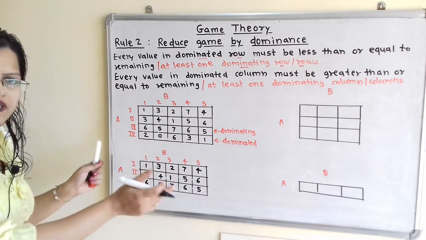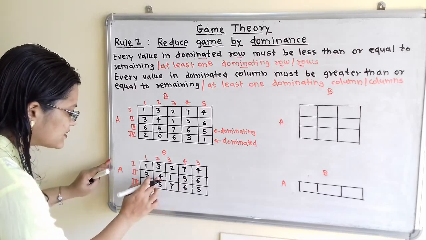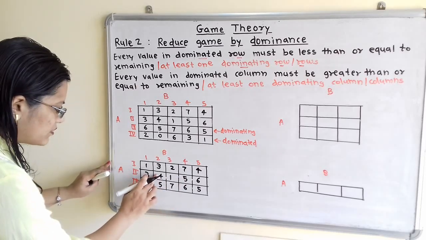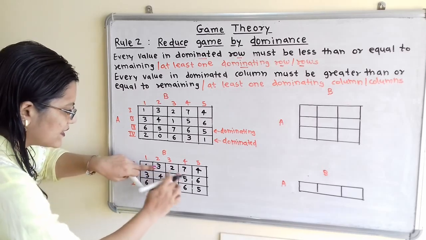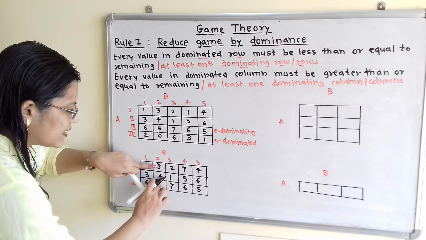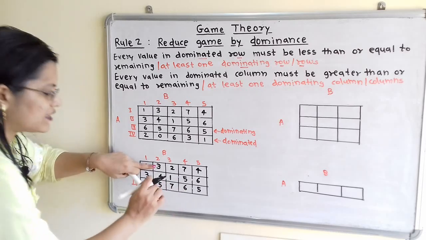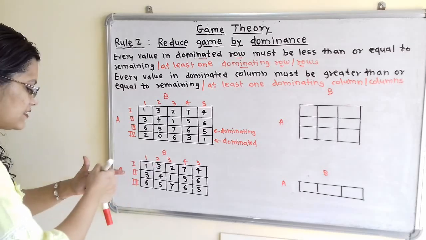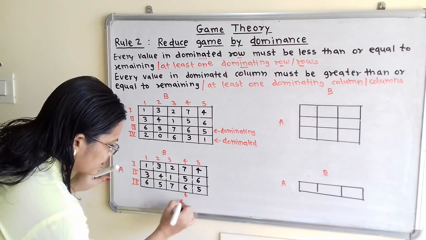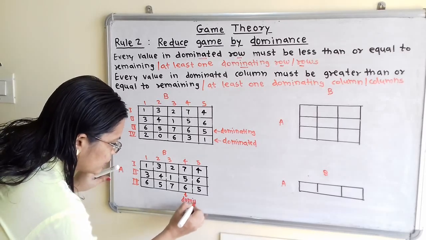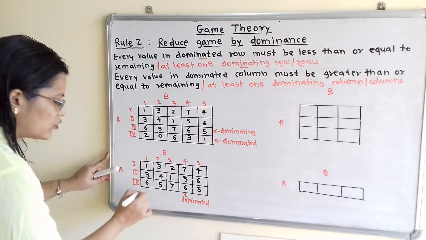Now we will move to the remaining two rows. Here is 5. 5 is greater than 4. Here 7 is greater than 3, then 5 is greater than 4. Then again 6 is greater than 5. So I will say that this is the dominated column, because all the values are greater than those in column 2.